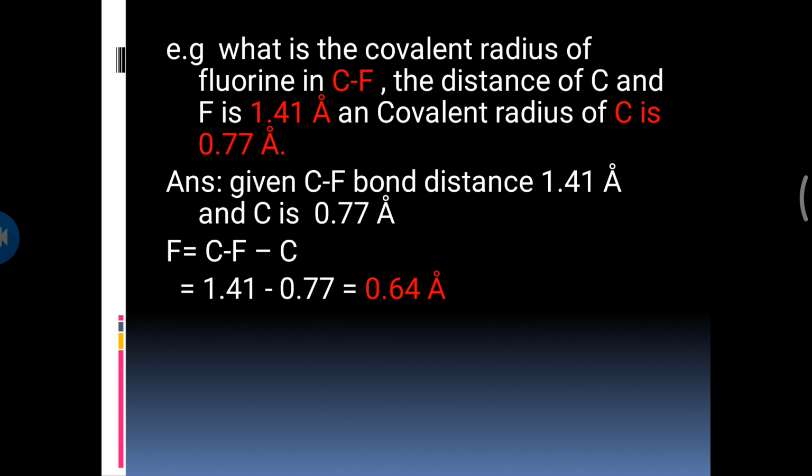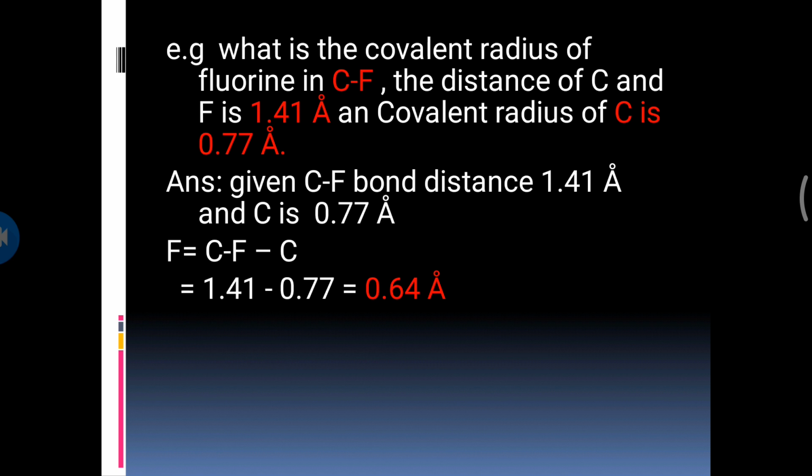So the fluorine radius is equal to the carbon fluorine distance minus the carbon radius: 1.41 minus 0.77 is equal to 0.64 angstrom.